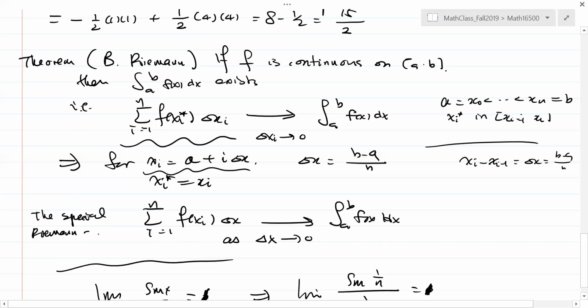Of course, it approaches that number. So use that one to find the integral of the function.